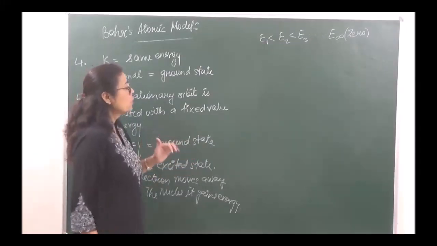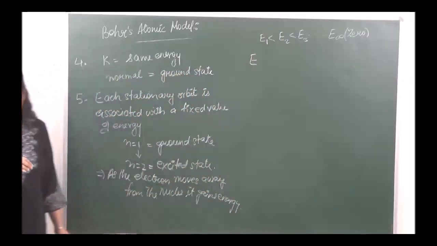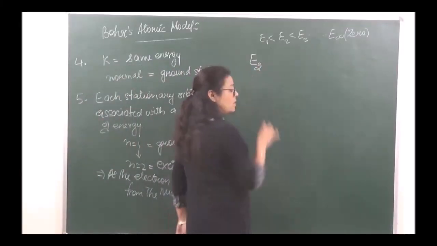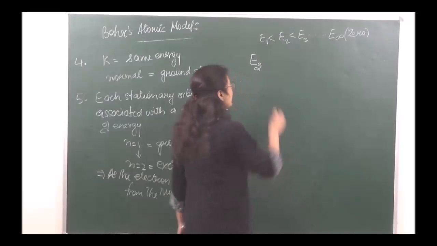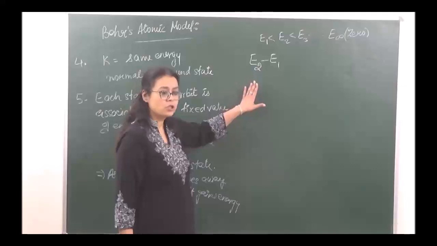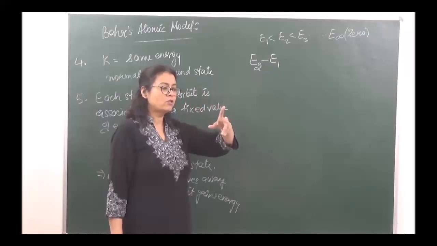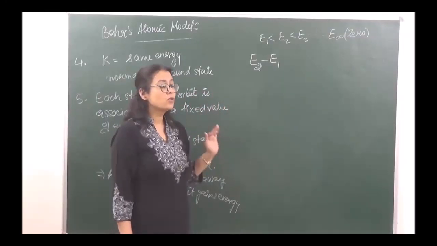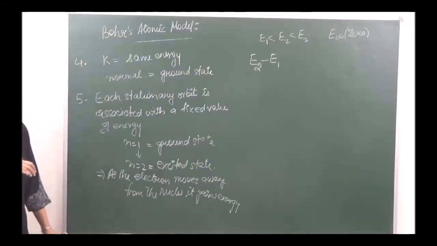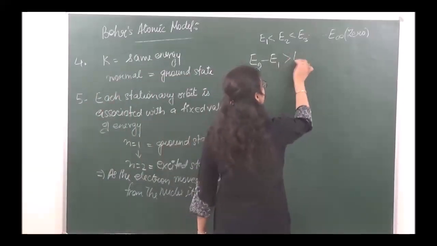But when we are talking of transitions, transition means that the electron is jumping from one state to the other and then coming back. For example, the electron goes from E1 to E2 and then it jumps back to 1. This is known as transition. So the energy of transition for E2 to E1 is going to be maximum, and then it keeps on decreasing.